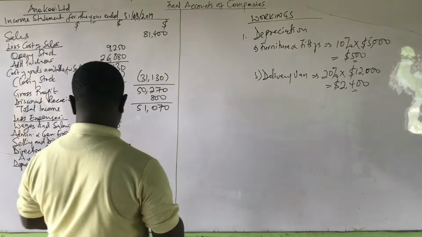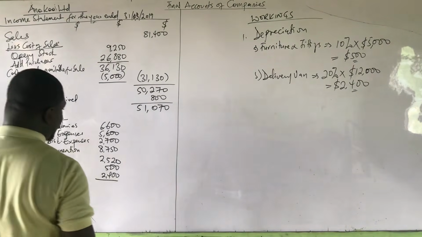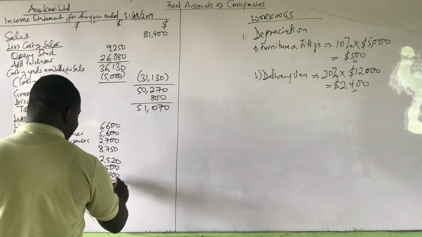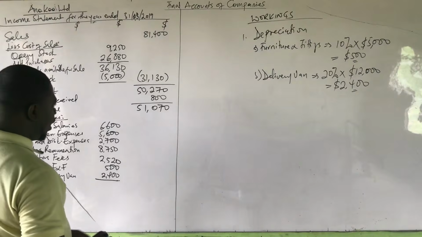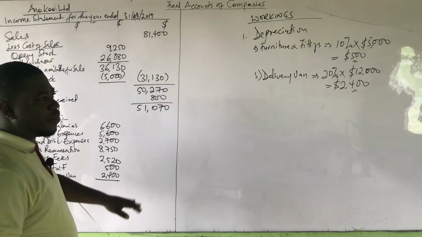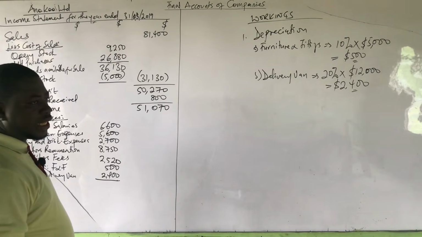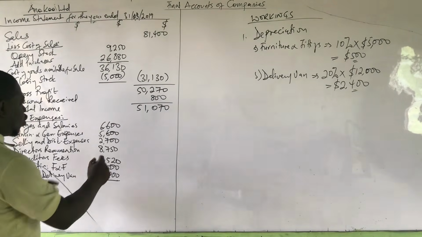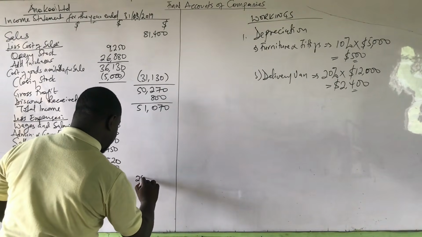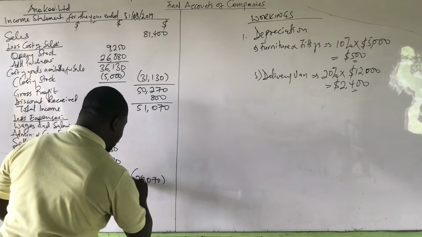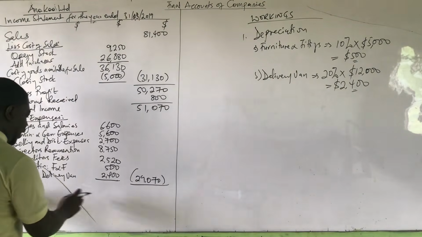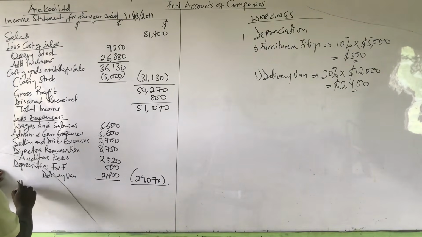So let me first add my ordinary operating expenses, and then I'm going to get a total expenses to get a net profit before interest and tax. So the total expenses is going to be 29,070. So when I take that one out, it's going to give me the net profit before interest and tax.